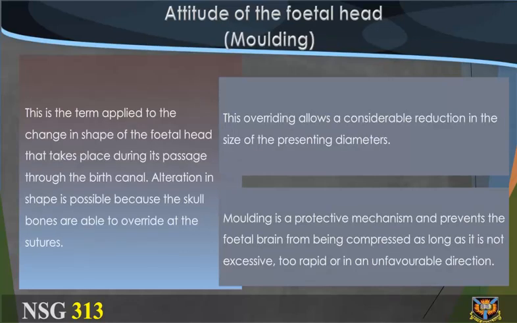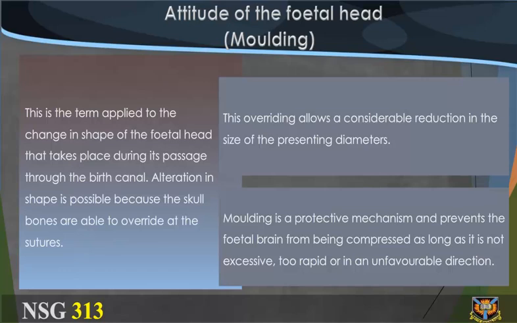Molding. This is the term applied to the change in shape of the fetal head that takes place during its passage through the birth canal. Alteration in shape is possible because the skull bones are able to override at the junctions.